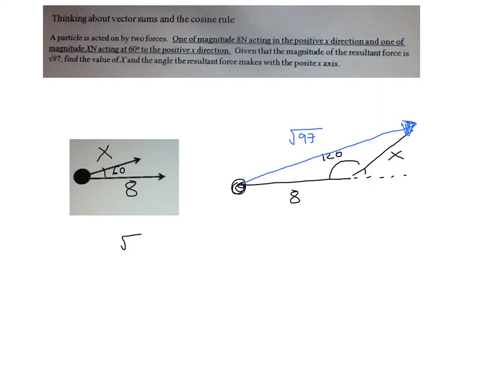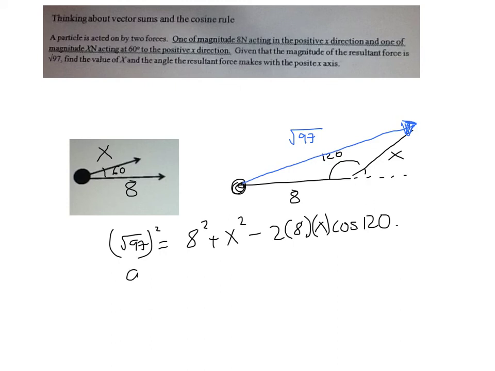So the opposite side, root 97 squared, is 8 squared plus x squared minus 2 times 8 times x times cosine 120. That gives us 97 is 64 plus x squared minus 16x times cosine 120, which is minus a half.